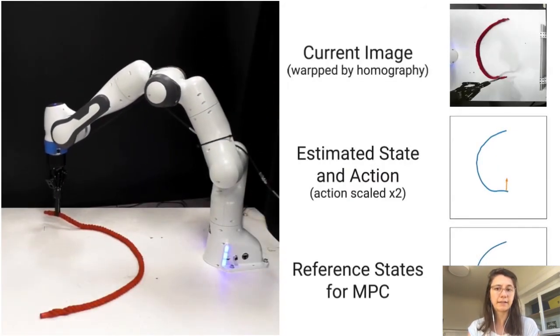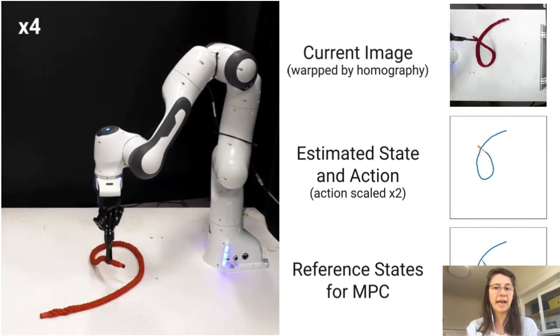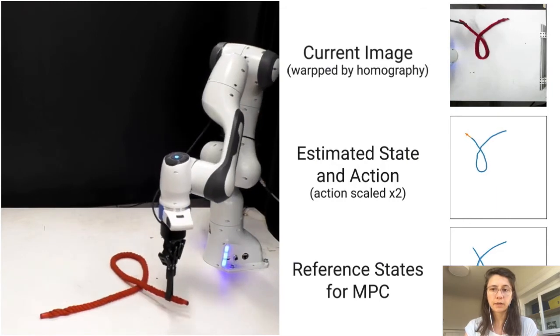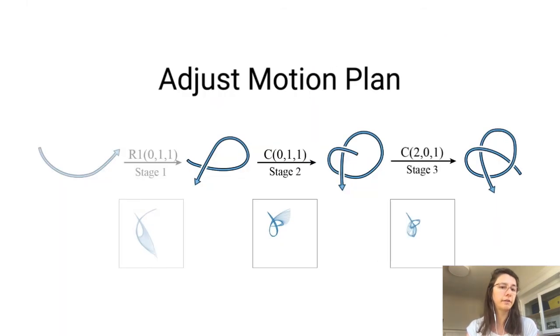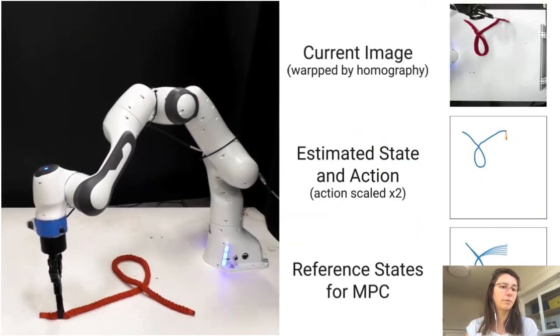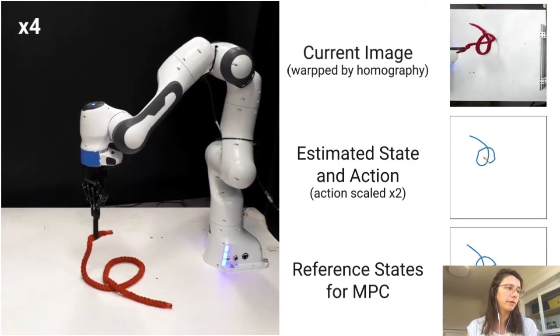Here's the generated motion plan. In the middle is the estimated rope configuration, and the orange arrow is the action being executed. The motion plan is adjusted between topological steps to improve robustness to the dynamics difference between simulation and the real robot.